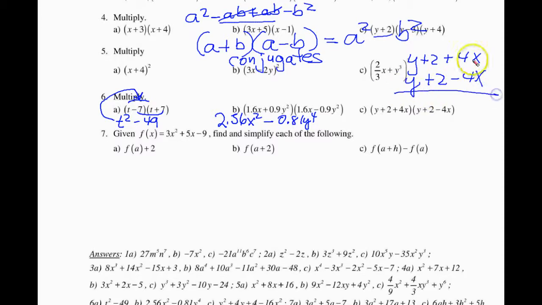I would just set it up this way and watch for like terms. The other way might be that, in a sense, this would be like y plus 2 squared, and then something, but I'm not going to go there. I would just do it this way.